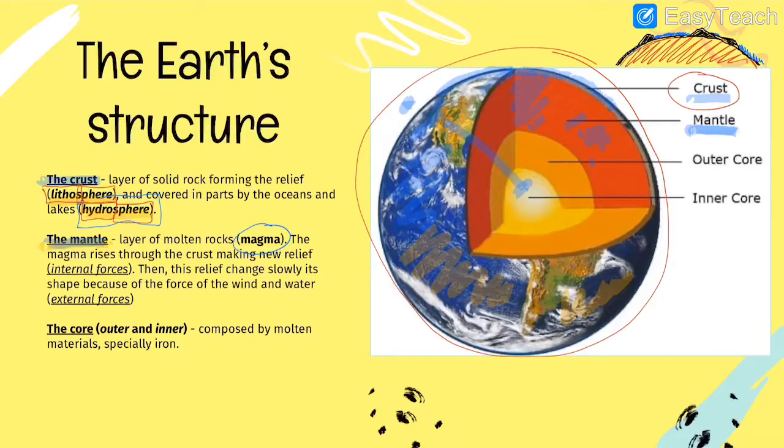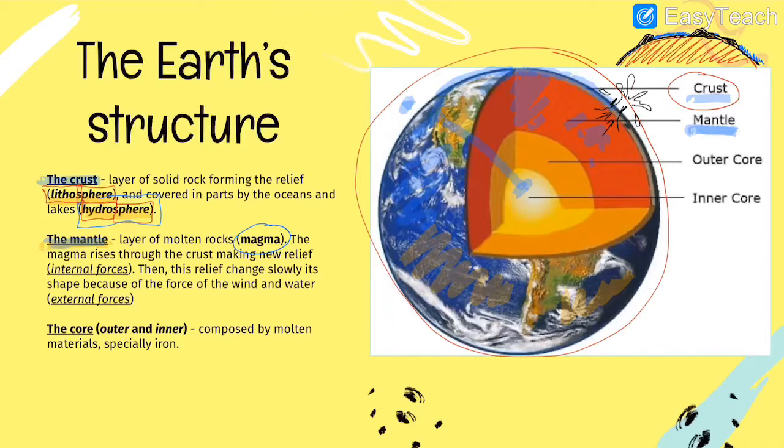What happens sometimes? Well, the magma sometimes has so much force that it breaks the crust. It makes a hole here, and the magma goes outside with a very, very high force. This is the magma.